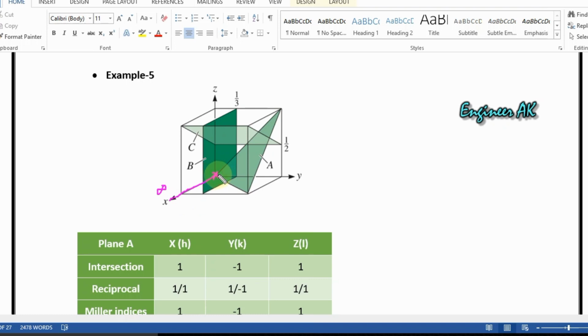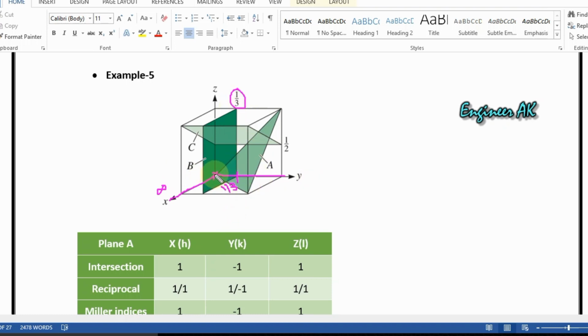And if I move in the y-axis, it is cutting the plane here, right? And the value here is 1/3, so at the y-axis we have 1/3, right? Positive y-axis.